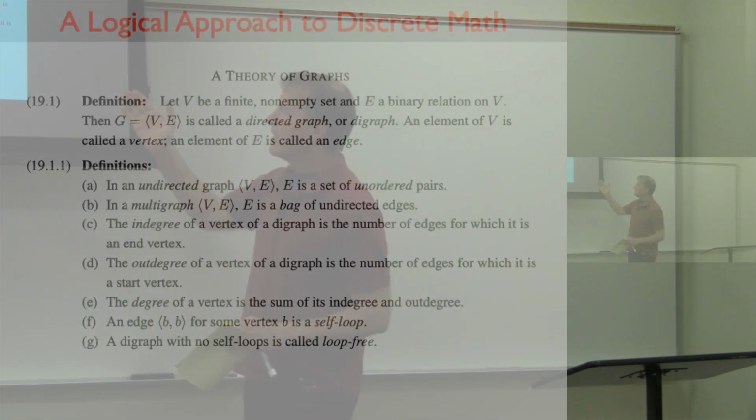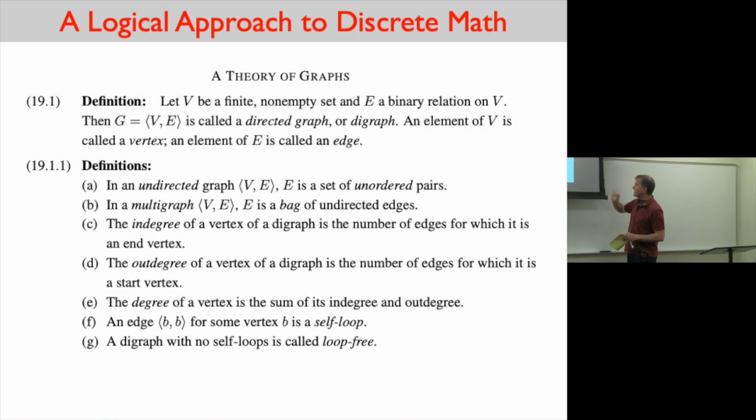All right, so now, chapter 19, a theory of graphs. First of all, let's take a look at 19.1, which is the definition of a graph. We have actually used graphs previously when we talked about relations, but we just used them to represent things, to visualize.